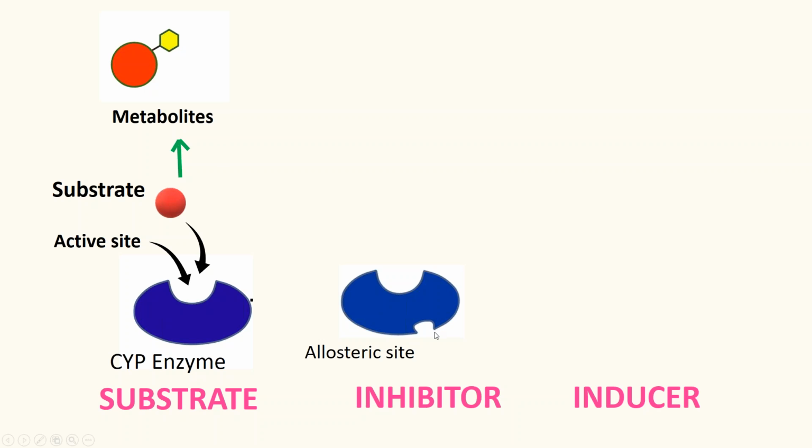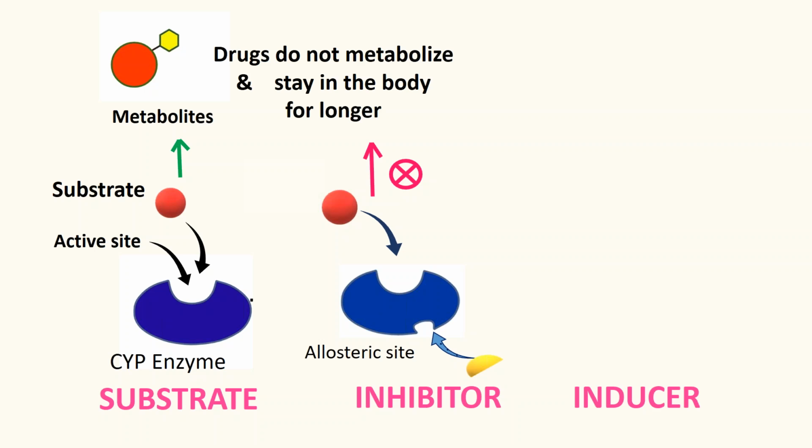That is referred to as the inhibitory effect. When these drugs reduce the activity of the enzyme, drug metabolism stops or decreases significantly. As a result, drugs will not be metabolized and stay in the body for a longer period of time, and that can result in toxic side effects of the drugs due to the inhibitory effect.